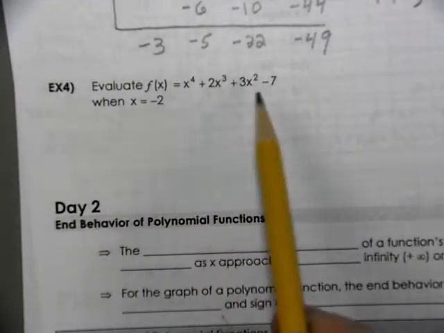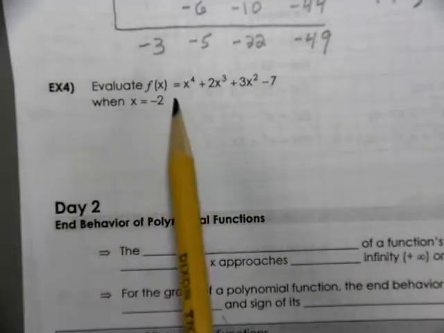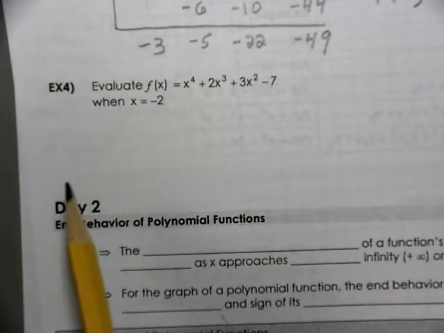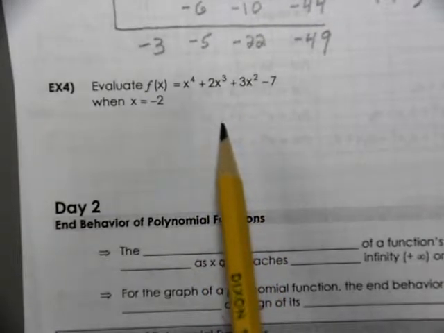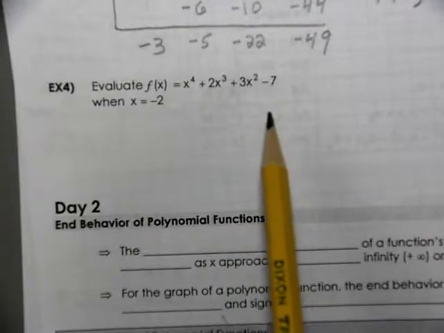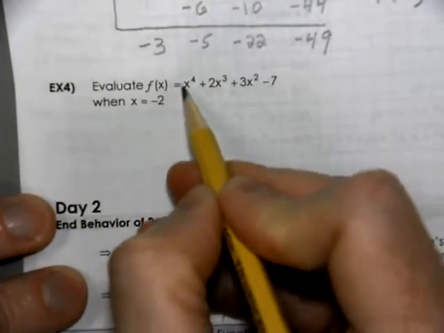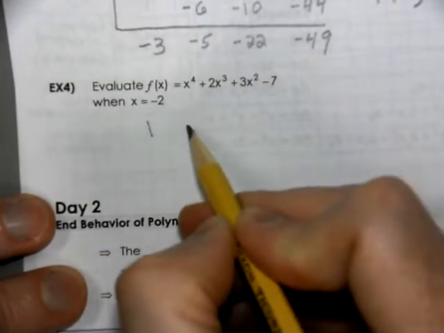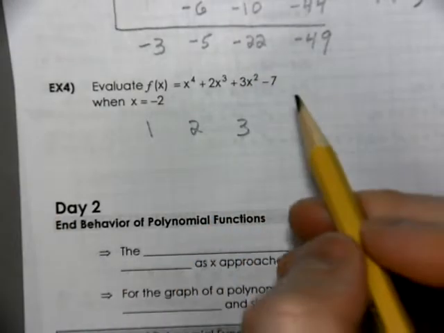What seems tricky about this one? It has x to the fourth power, x to the third power, x to the second power. Notice how it does not have x to the first power in it. We look at our coefficients. So x to the fourth power has a 1, third power has a 2, second power has a 3.